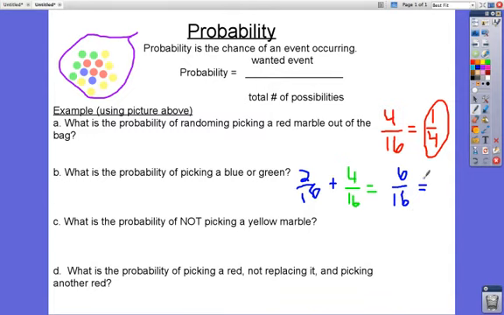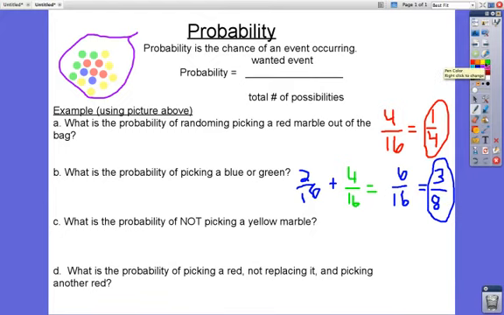If we reduce by 2, we get 3 over 8. So you have a 3 in 8 chance of getting a blue or green marble. Again, if you want to see that as a percent, since we understand percents better, you would take 3 and divide it by 8, which we've done in the past.